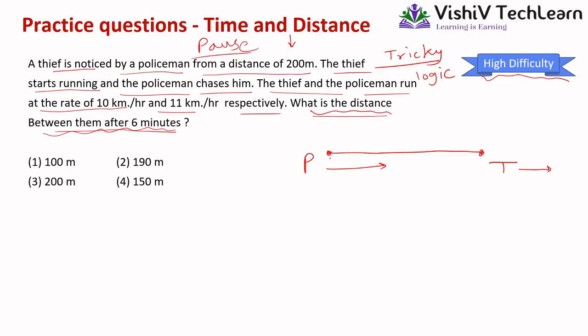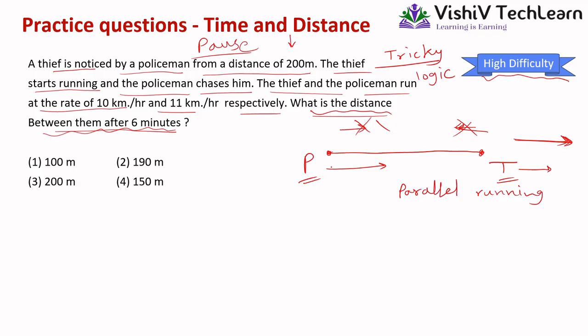In short, both policeman and thief will have parallel running lines, and maybe towards this direction. Both will run in the same direction. I mean, policeman and thief will not run in opposite directions. They will be running in the same direction, correct?